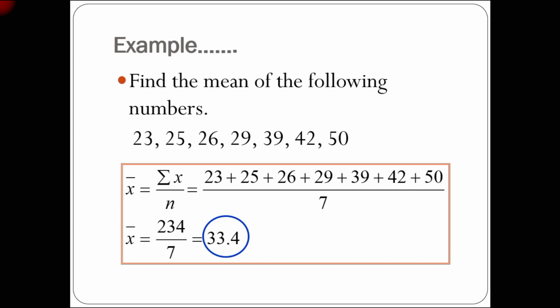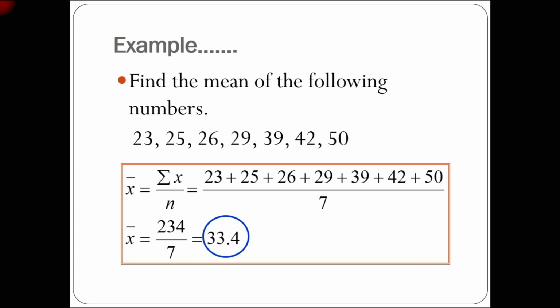Kunin natin yung sum. Pag-add natin yung data natin, 23 plus 25 hanggang kay 50. So, the sum is equal to 234. And divided by 7, the answer is 33.4. Okay? So, again, hindi ibig sabihin na mali kung ang nakuha ninyo is 33. Kunwari lang naman, no? 33.41 or 33.38.